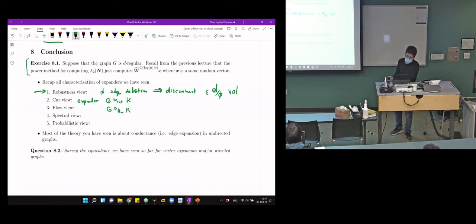But this gives a bit more of interpretation. When you say that the graph is flow equivalent up to some log factor, it means that you can embed, like the excess of embedding of a graph into G, and vice versa.